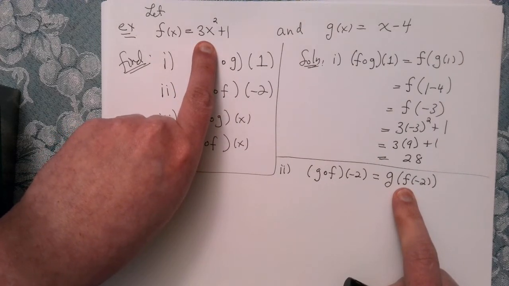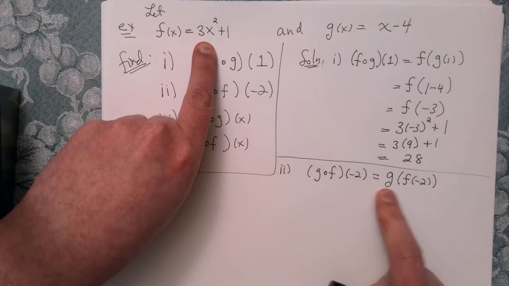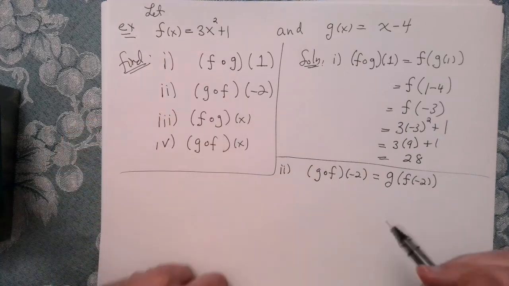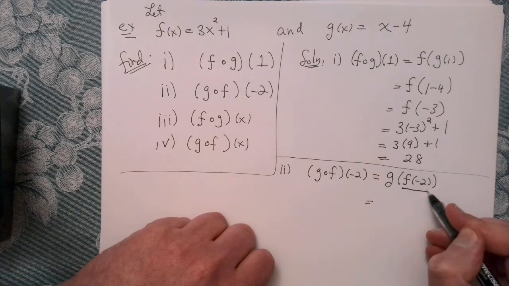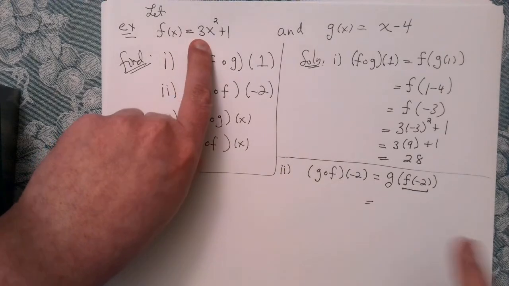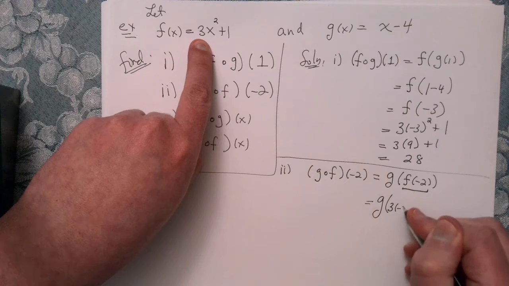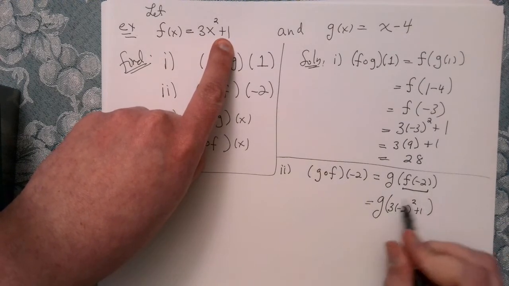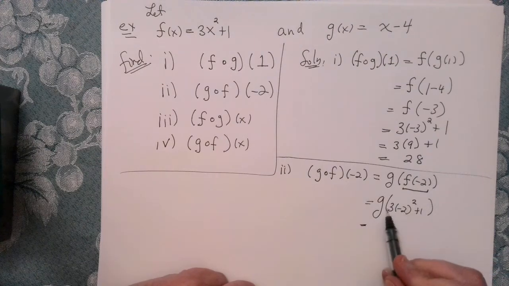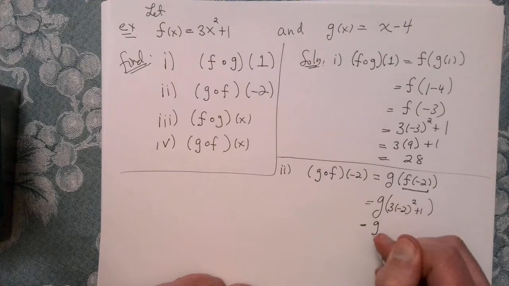Whatever output that gives you becomes the input of g. So g after f. Again, go to the f function, plug in minus 2, so this will be g of 3 times minus 2 squared plus 1. Clean that up. As you can see, that's the output of f, which becomes the input of g.